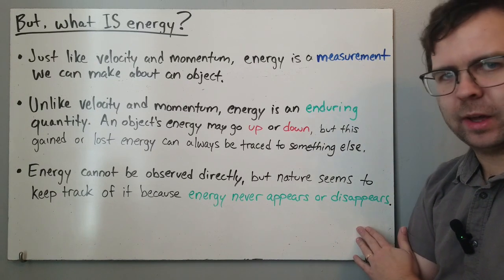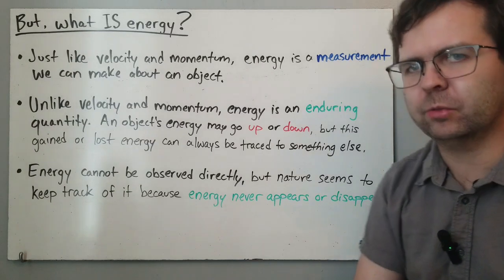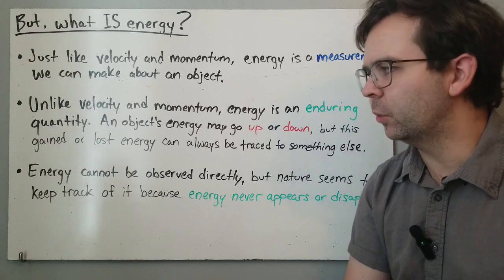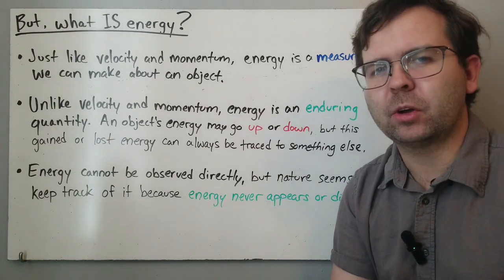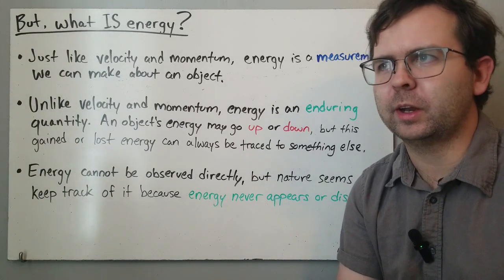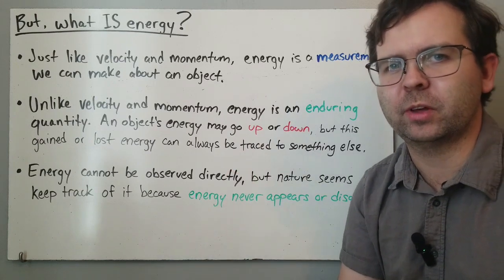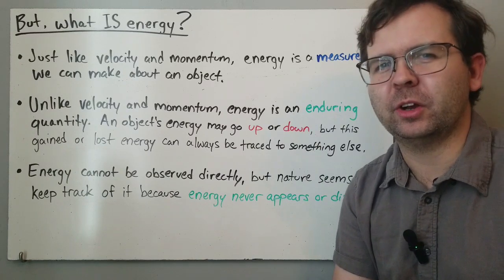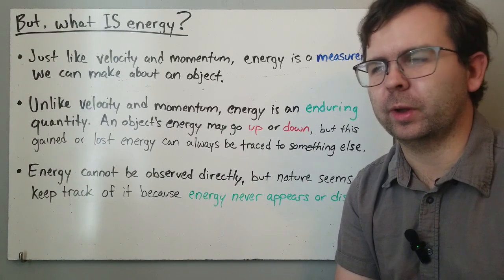And this last little line here is the summary of a law that you may have heard of before, the conservation of energy, which says that energy just never goes away and never disappears, and it never just pops into existence. It always has some starting point and ending point. Another way to say that is energy is never created or destroyed.